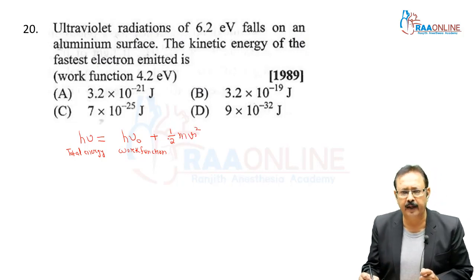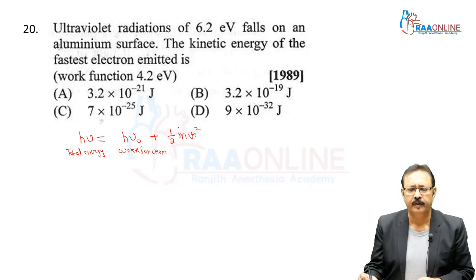Remaining will supply energy to the electron. It is the kinetic energy of fastest moving electron. We want to calculate this in this problem.